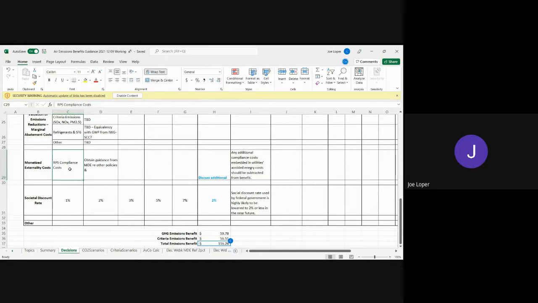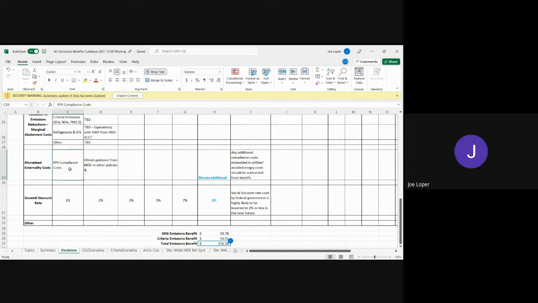When we did our societal test, where we're adding in all these externality costs, we wanted to take whatever those externality costs are that are now currently internalized in electric price or electric costs, and subtract that out. That's actually a fairly sizable number. It's like $9 a megawatt hour, a levelized number, that gets subtracted from our benefit. So the question there, and I really don't know the answer, is whether Cindy or somebody from MDE could maybe ask around about this.